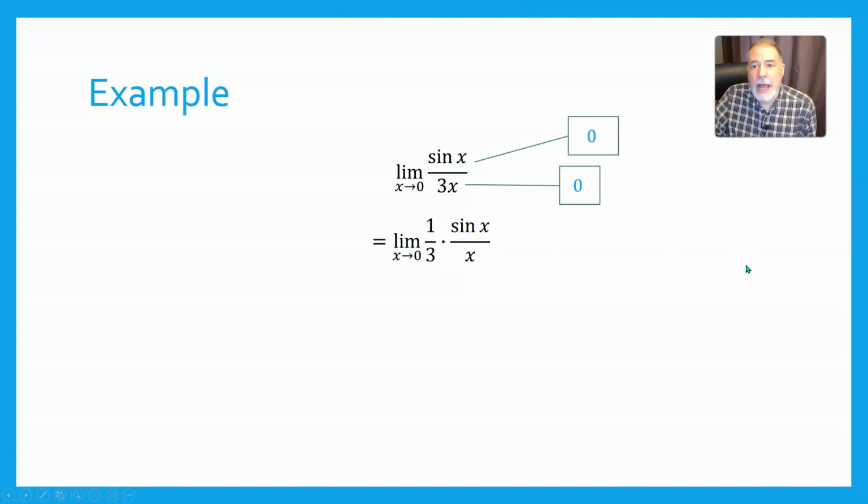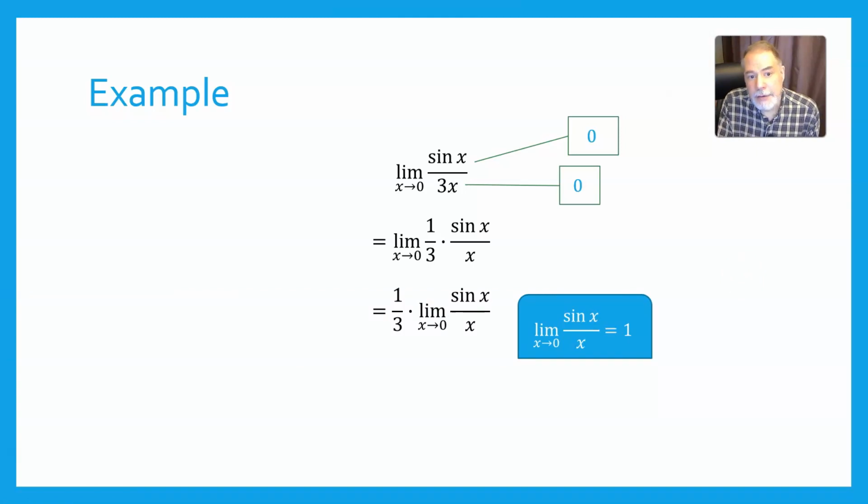So it's just a constant times something that we know the limit of. And so the limit of a constant times a function is the constant times the limit of the function. And we just saw the limit as x approaches 0 of sine x over x is 1. So this limit should be 1/3 times 1. That is 1/3.